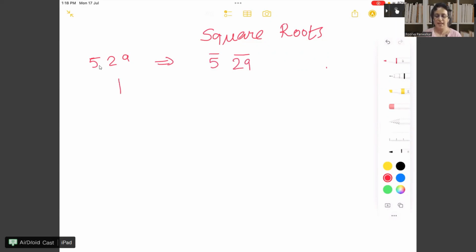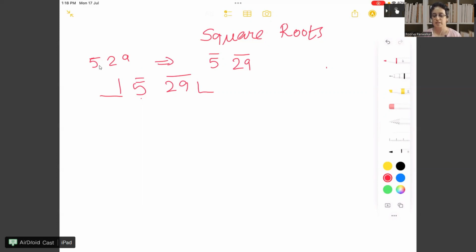Now I write it in the form of a division. Next, I start off my division from the leftmost number, which is 5. I find the number which is a perfect square but less than 5.